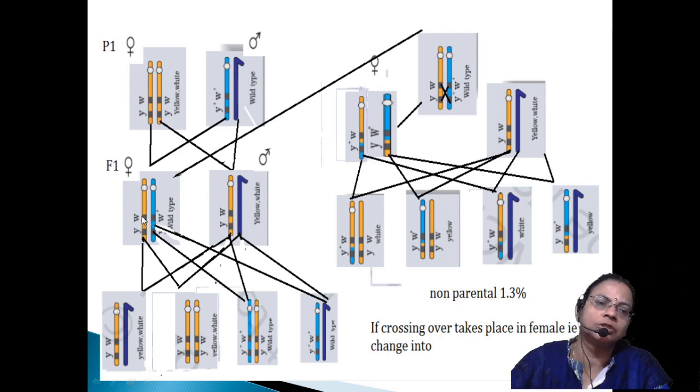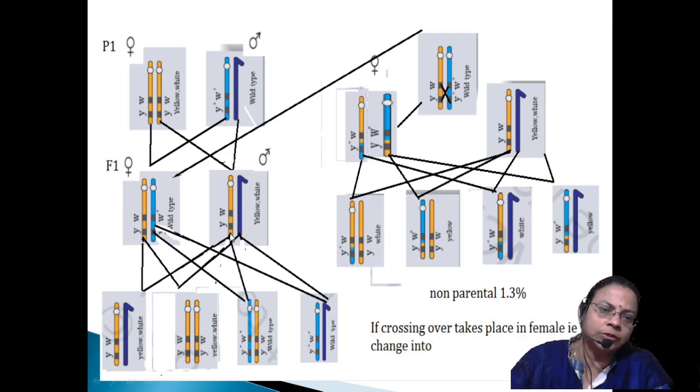If there is no crossing over, this will act as one gamete, this is another gamete, and from the male one gamete, another gamete will carry Y. So now you see all the possibilities. This gamete, if it fuses with this gamete, X with Y, this X with this X means this one. So YW, again YW here.